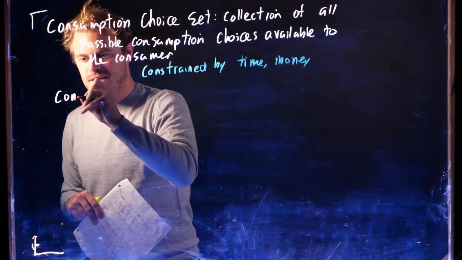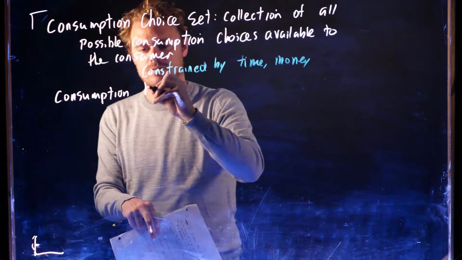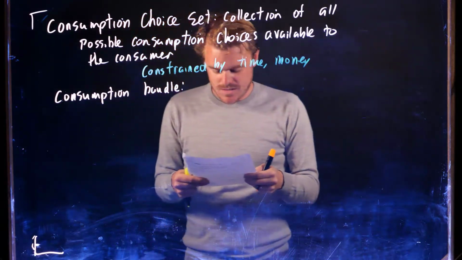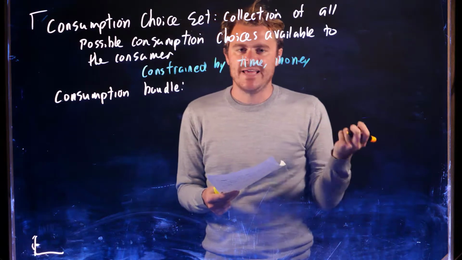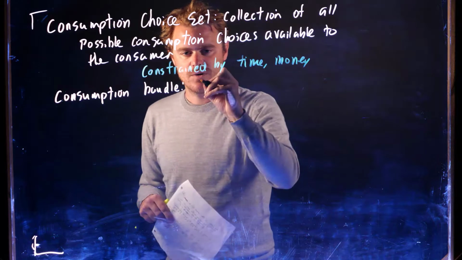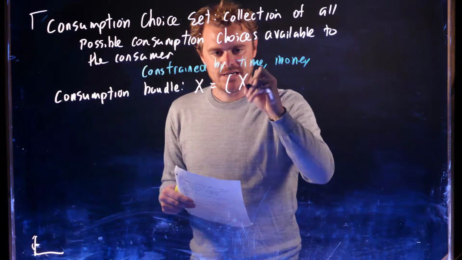What we're going to call a consumption bundle is a particular combination of goods. So for instance, let's define a consumption bundle X equals (X1, X2).